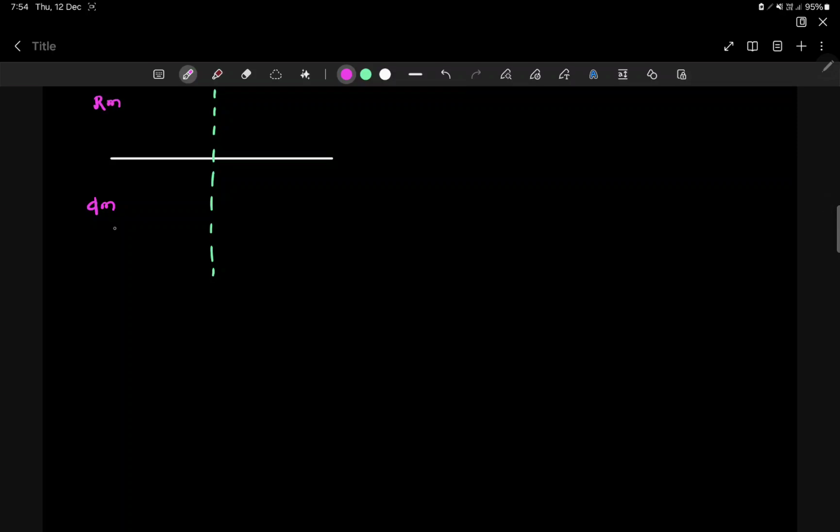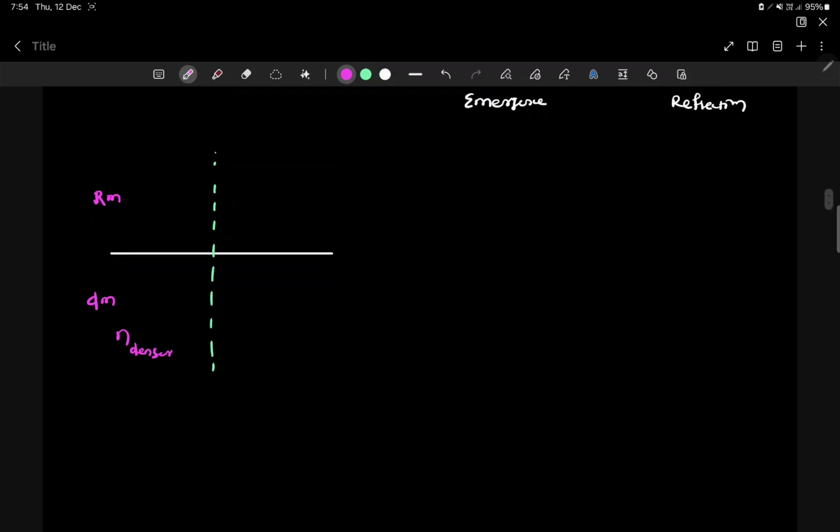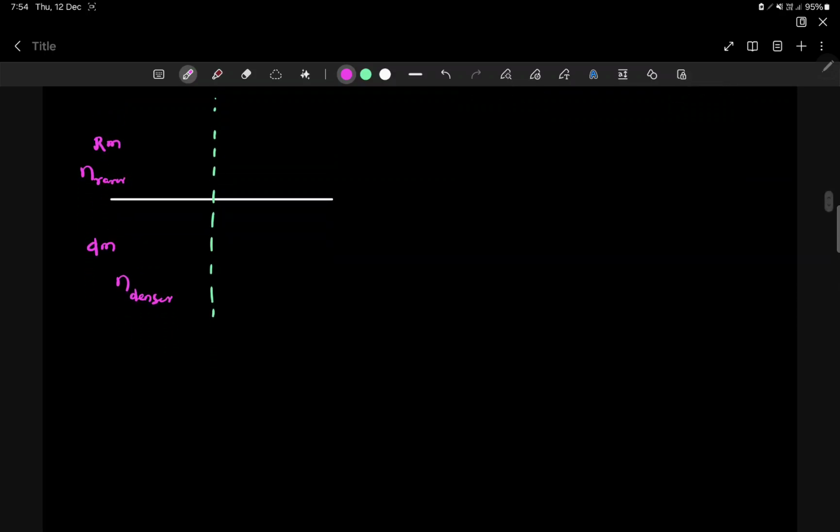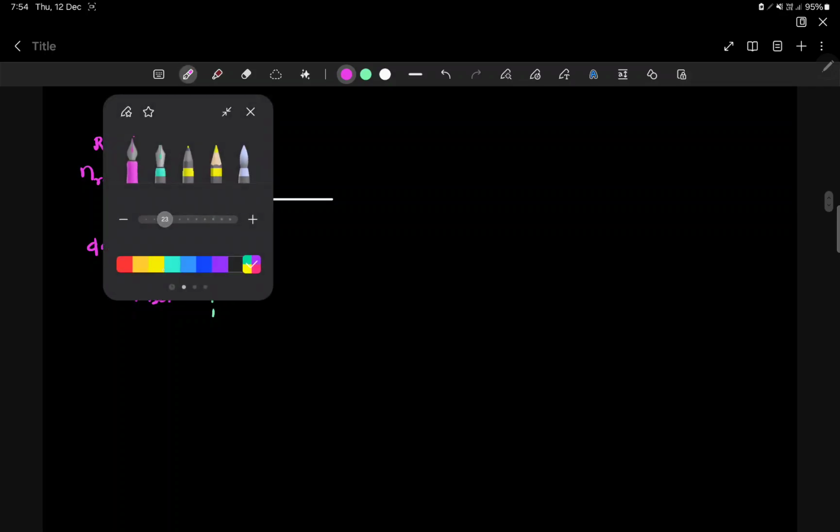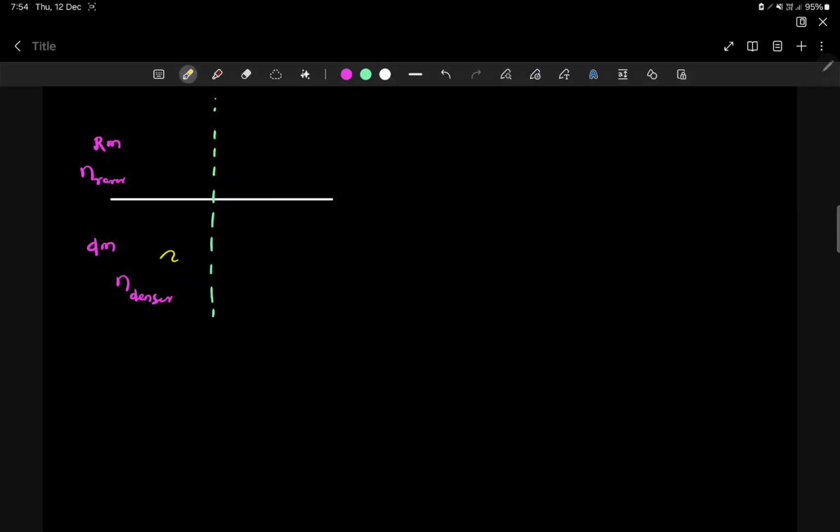Let the refractive index of denser medium be n denser and the refractive index of rarer medium be n rarer. When light ray travels from denser to rarer, when the angle of incidence equals the critical angle, the refracted ray passes along the interface.